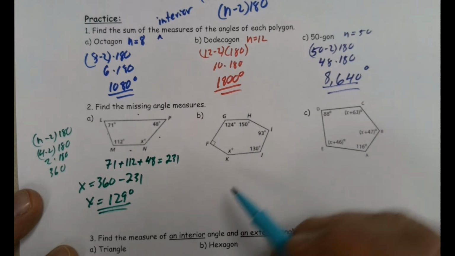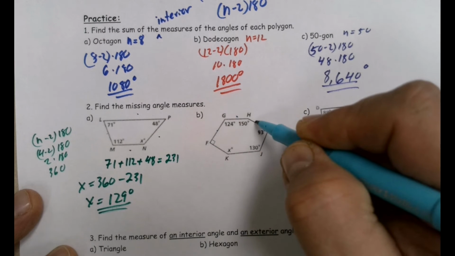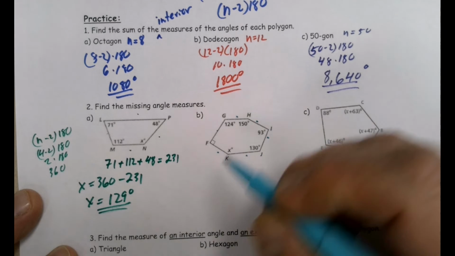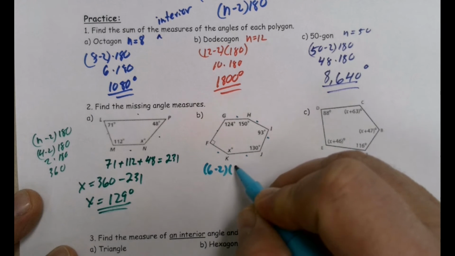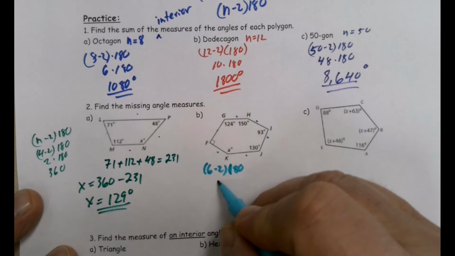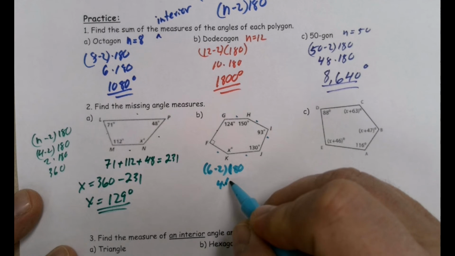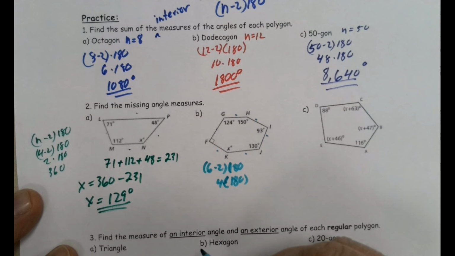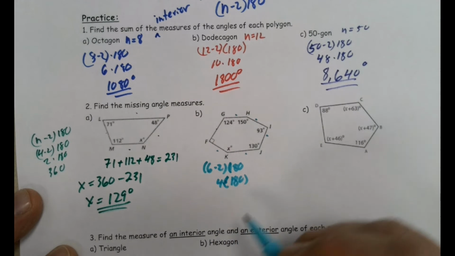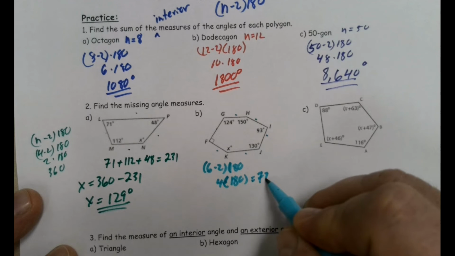On the next one, I've got 1, 2, 3, 4, 5, 6. So I have 6 minus 2 times 180, 4 times 180, which is 720 degrees.